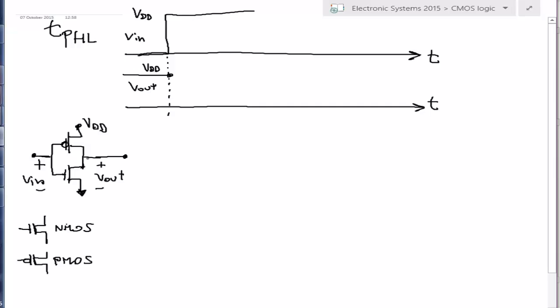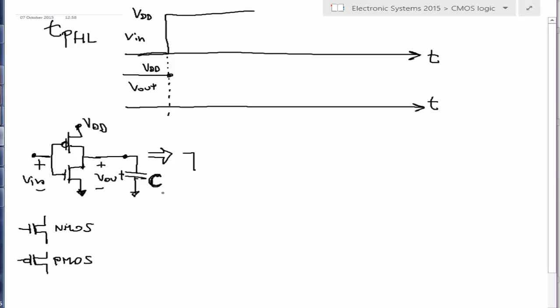Now, what happens here? When we switch Vin from 0 to VDD, the NMOS goes in an on state, and the PMOS goes in the off state. So basically, we can immediately neglect the PMOS. Let's assume that we have an output capacitor as a load.